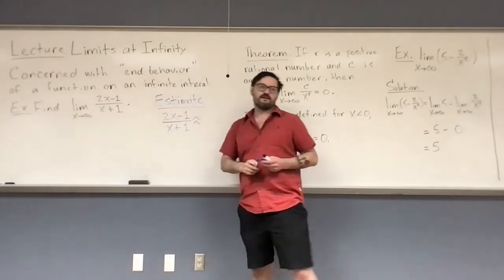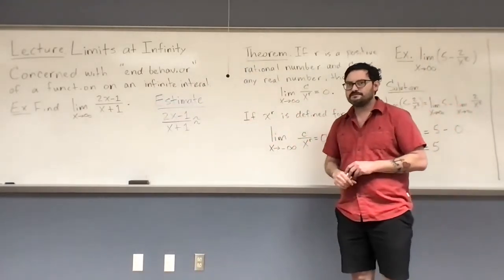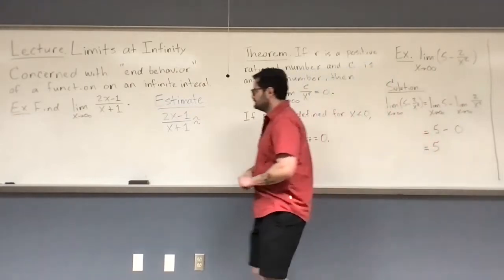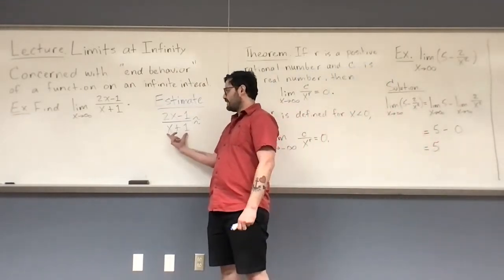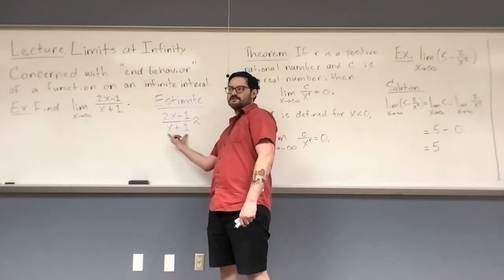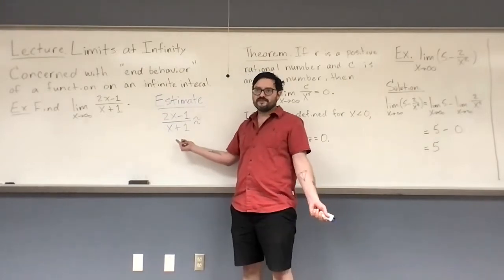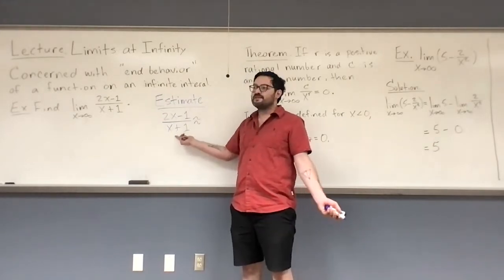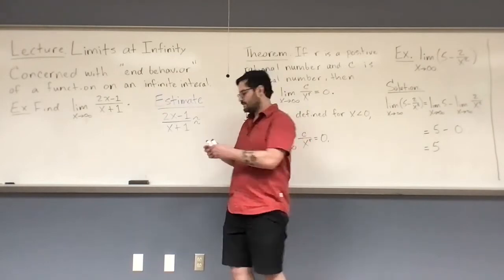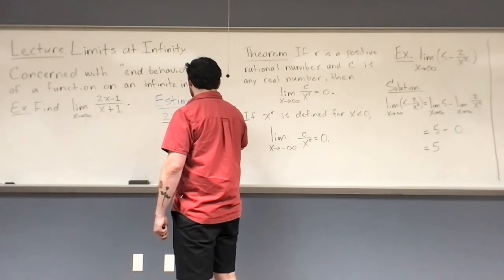So ask yourself the question, when x is a billion, right? And we're dividing by x plus 1, right? Division ties these things together, right? So when x is a billion, plus 1 is basically a billion, right? So this is basically x for large x.